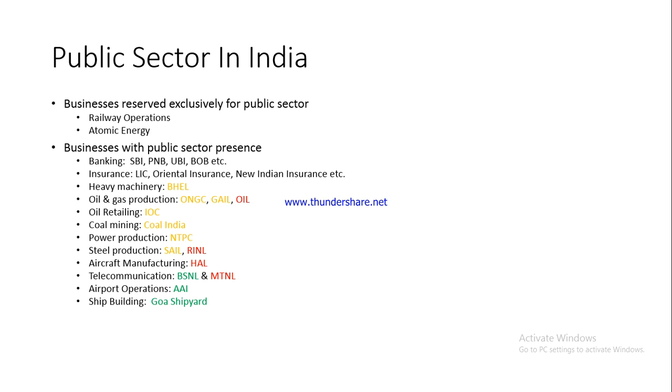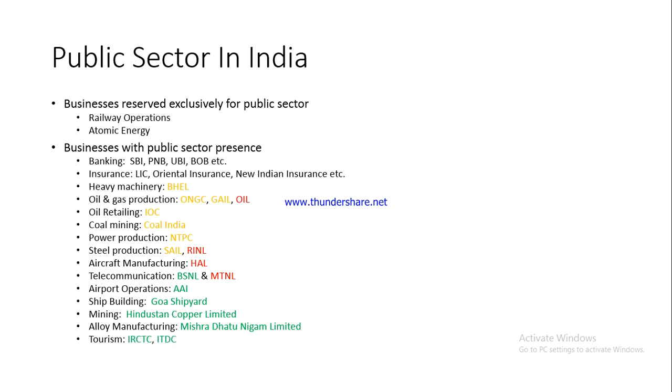In shipbuilding, we have Goa Shipyard, and there are other organizations also. Then in mining, we have Hindustan Copper Limited. Alloy manufacturing is Mishra Dhatu Nigam Limited. An alloy is a mixture in a certain ratio of two or more elements. So as far as alloy is concerned, the public sector enterprise functioning here in India is Mishra Dhatu Nigam Limited.